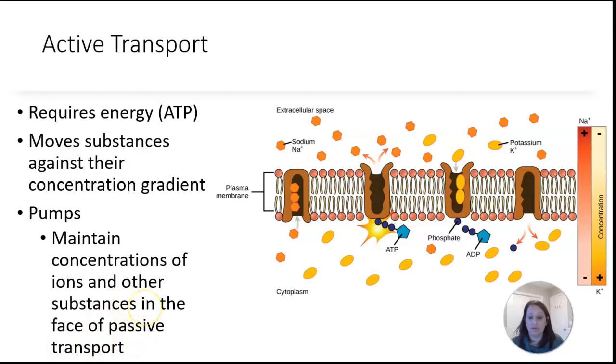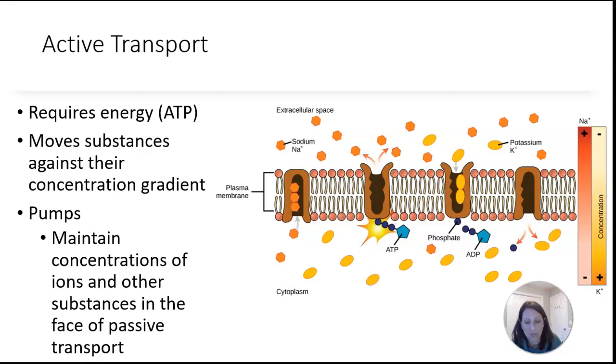Okay, so we have molecules that are naturally passing through the membrane, either straight through the membrane or through a carrier or a channel protein, via passive transport or facilitated transport from high to low. And so these pumps have to keep going in order to maintain concentrations to fight against passive transport.